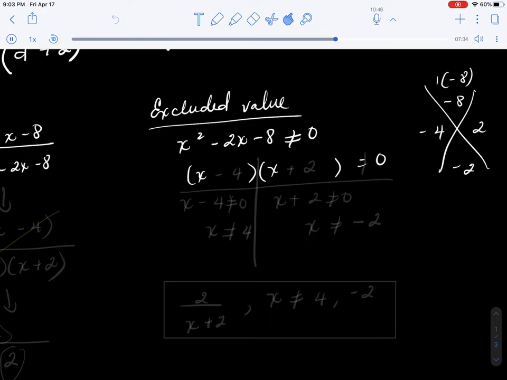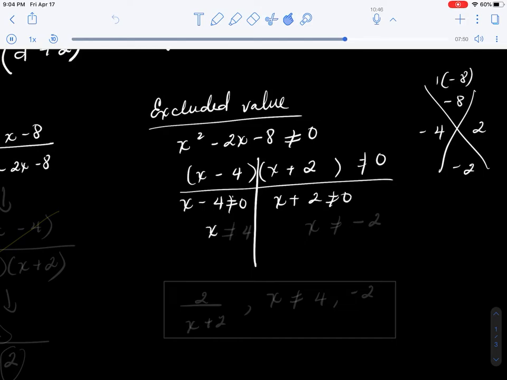So it's x minus 4 and x plus 2. Zero product property: x minus 4 cannot equal 0, x plus 2 cannot equal 0. Therefore, x cannot equal 4, and x cannot equal negative 2.